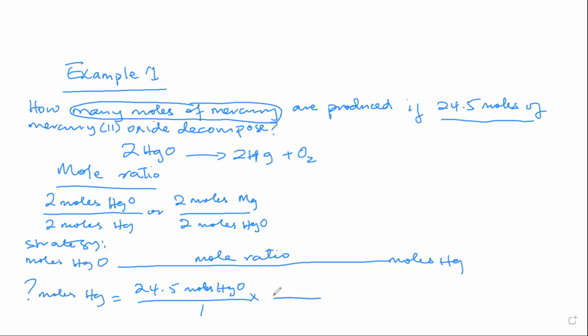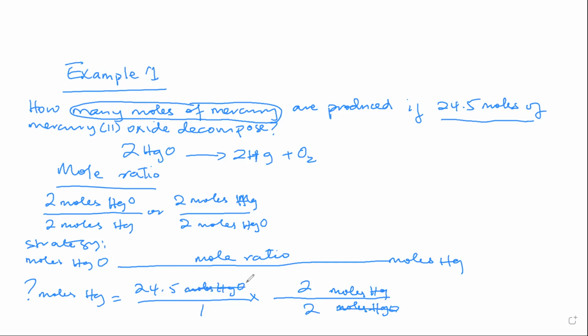Then the same, we write moles of mercury(II) oxide, now moles of mercury, which is 2. This is 2.